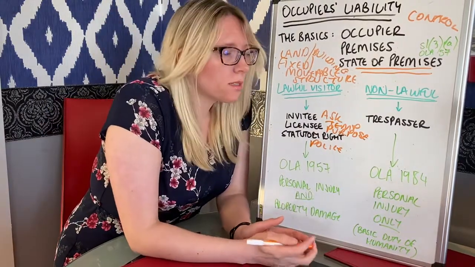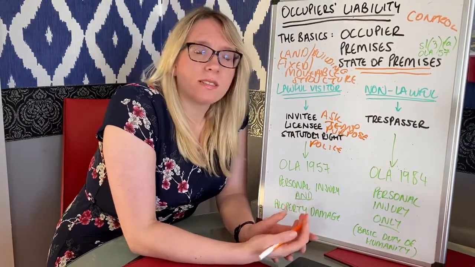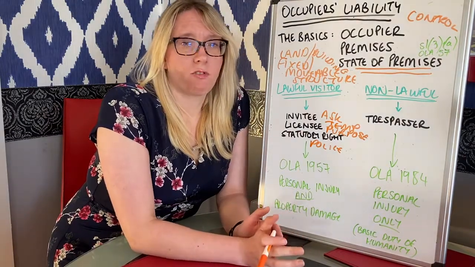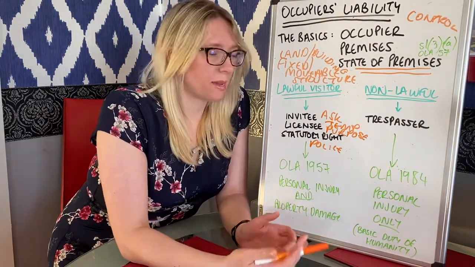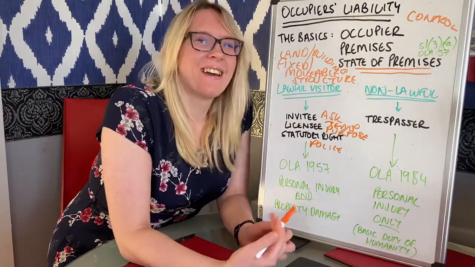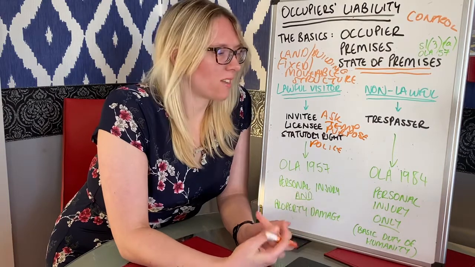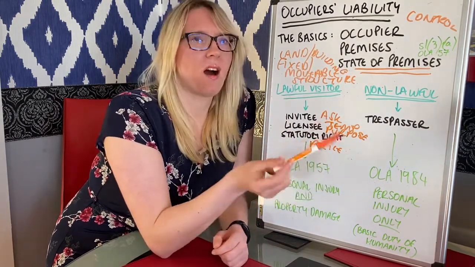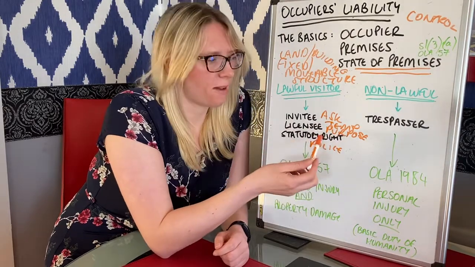Social workers, environmental officers. There was a case where a police officer was making an arrest at someone's house, slipped over a paving stone, broke their ankle, and they sued the homeowner under occupier's liability. So they weren't invited, and in fact, you don't want that person there, but while they are there, you owe them a duty of care.